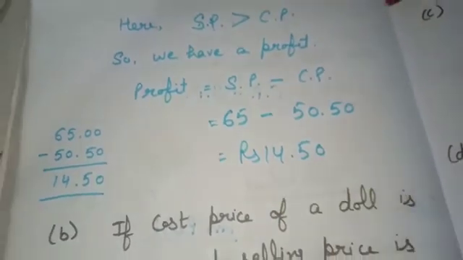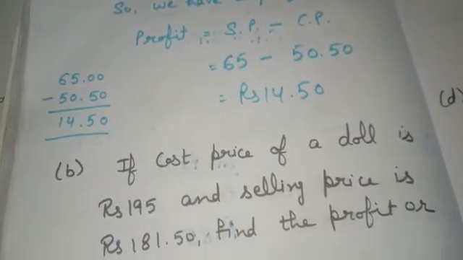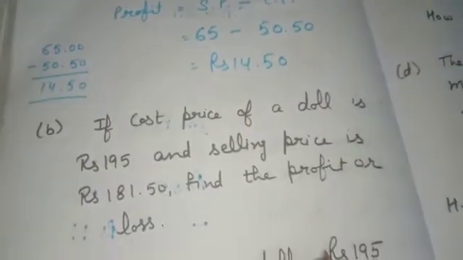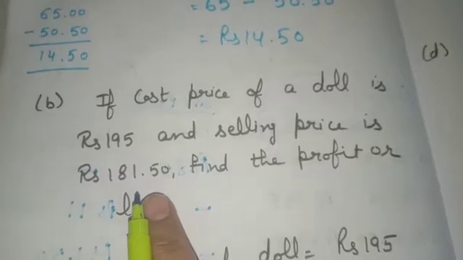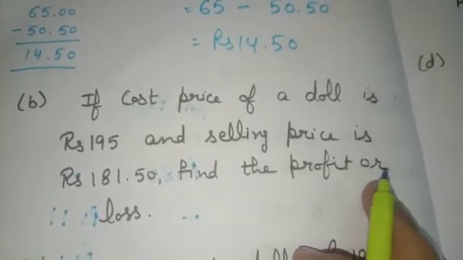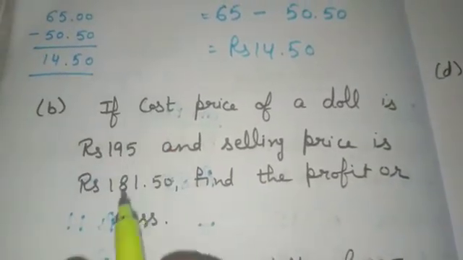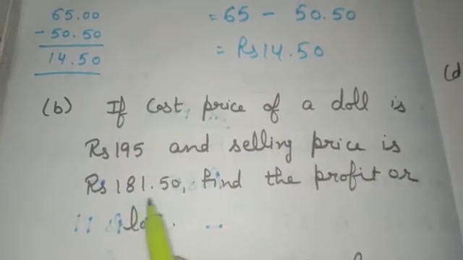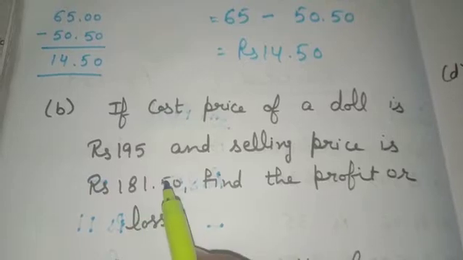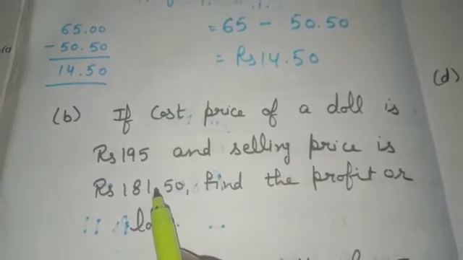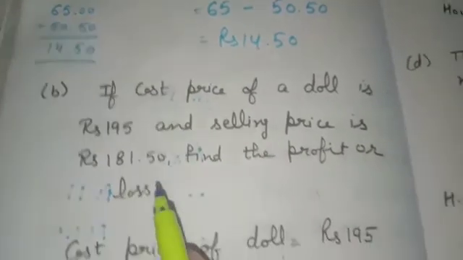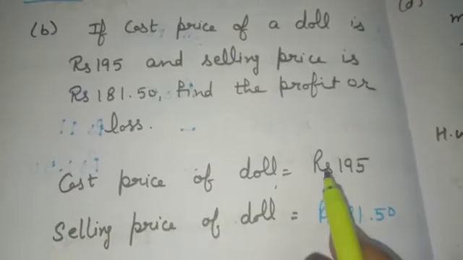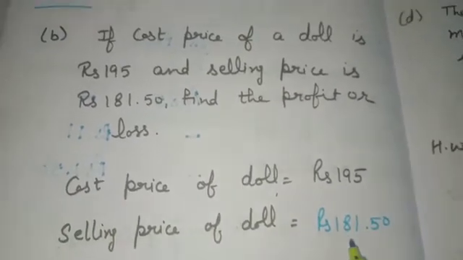Okay, come to its B part. If the cost price of a doll is rupees 195 and selling price is rupees 181.50, find the profit or loss. We can observe by seeing, if I purchase something at this cost and sell the same thing at this, what do I have? Definitely it will be a loss, as selling price is less than cost price. So what will I write? Cost price of doll, selling price of doll.